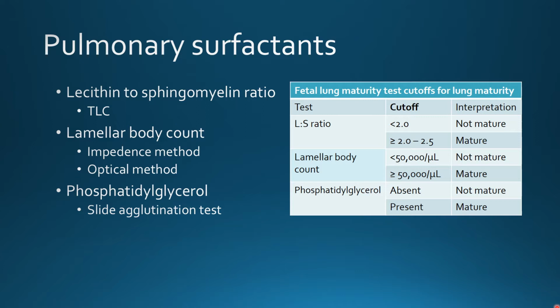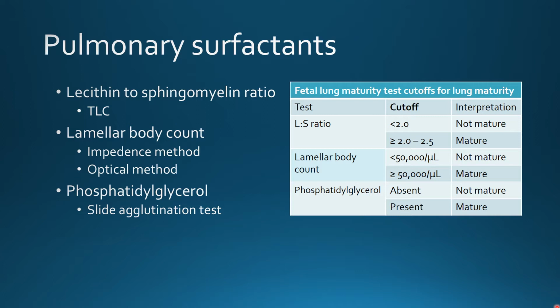It has to be clean fluid. What we're looking for is that if the ratio is less than 2, we're thinking that the lungs are not mature. We really are looking for that ratio to increase greater than 2 in order to determine it as mature. If you have a pregnancy with multiple fetuses, that only complicates the issues.